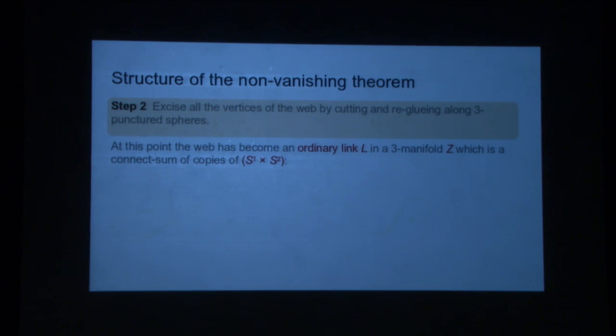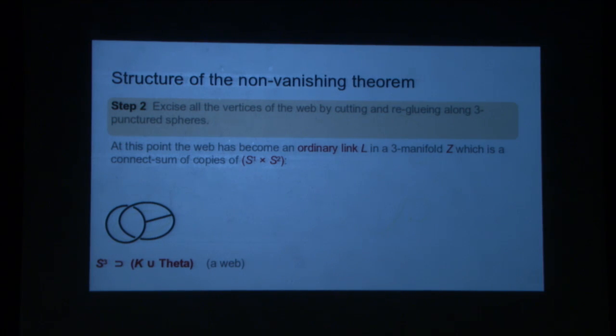There's now a sort of topological move. Having spent so long talking about vertices and webs and graphs, we're just going to get back to something without any vertices. We're going to cut out a neighborhood of each of the vertices of the graph.